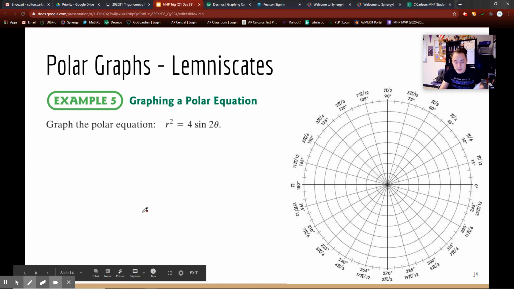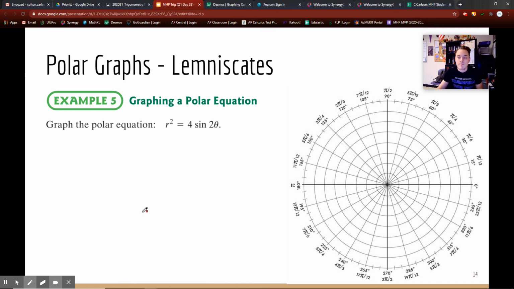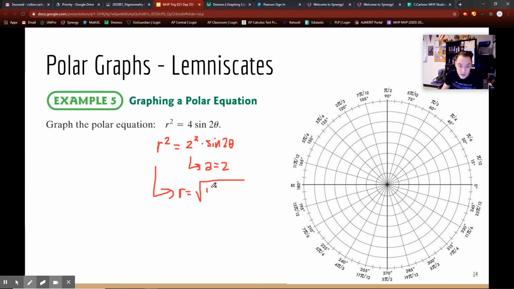So I'm going to be given this equation. Basically, it doesn't necessarily tell you a squared, but I can rewrite this to be r squared equals 2 squared times sine of 2 theta. So that means my a value is just 2. But either way, it doesn't really matter. I can also rewrite this to say r equals the square root of 4 times sine of 2 theta.